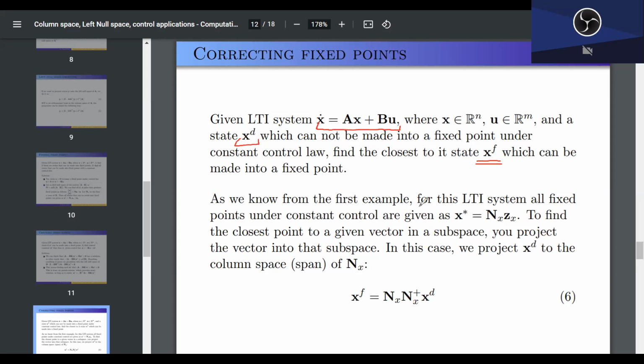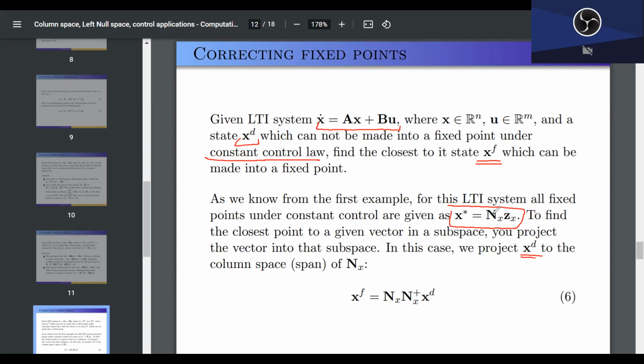Okay. So we remember that the state space of all fixed points is actually this, right? So we don't need to solve it a second time. For this system, here is the space of all fixed points under constant control law. Well, how do you find xf closest to xd? Well, all we need to do is to project xd onto this subspace, onto the column space of Nx.